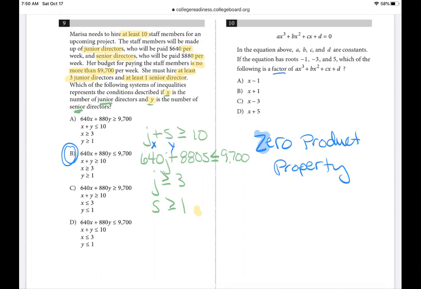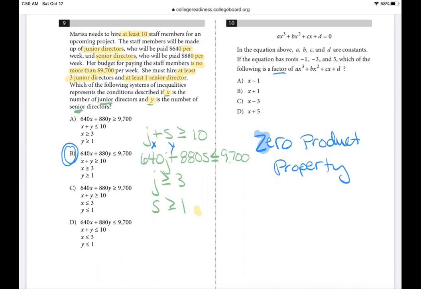For number 10, we have these unknowns, A, B, C, and D are constants, and the equation has roots of -1, -3, and 5. So roots are what makes the equation equal to 0, right? When you hear of roots.